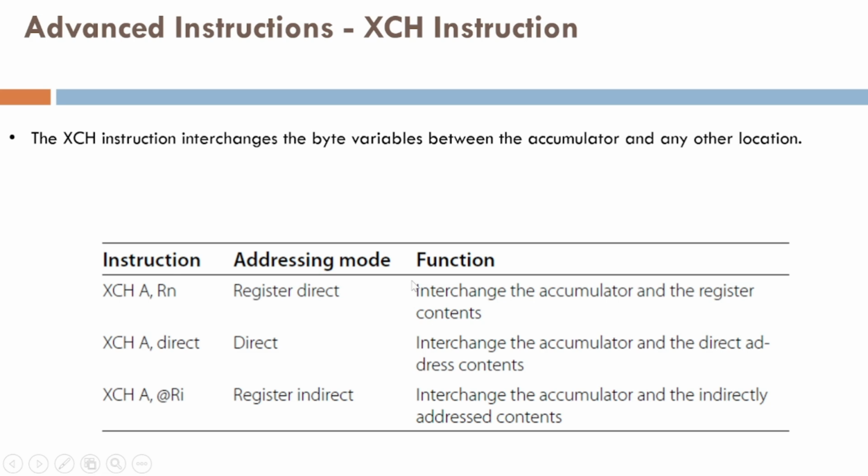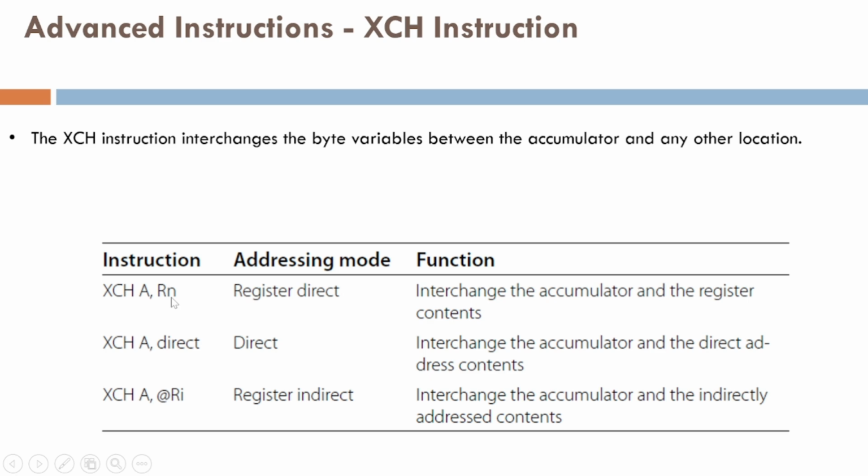Now let's move on to the next instruction, which is XCH. In this case, the instruction interchanges the byte variables between the accumulator and any other location. This is XCH A, Rn, where Rn means R0 to R7.